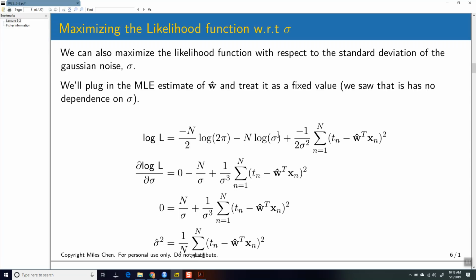N log sigma becomes n over sigma. And then negative 1 over 2 sigma squared becomes positive 1 over sigma cubed, okay? And then this part is just a constant with respect to sigma. Anyway, this is what we get. You rearrange a few terms, and you get sigma squared is 1 over n times this thing, okay?